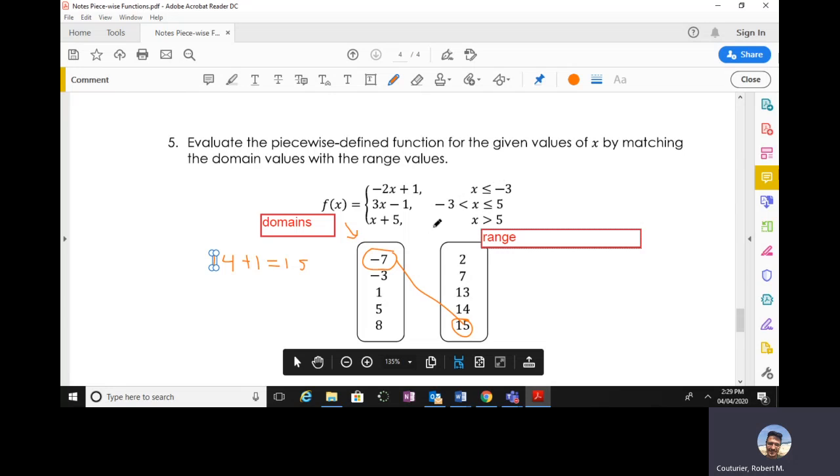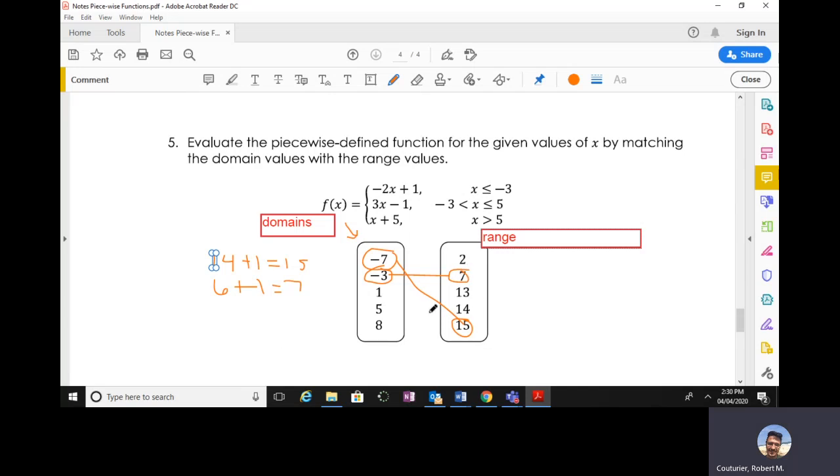Because I see -3 twice. Does this include -3? No, it doesn't. This one does. So we have to plug -3 into the first function again. -3 times -2 is 6. 6 plus 1 equals 7. So -3 goes to 7.